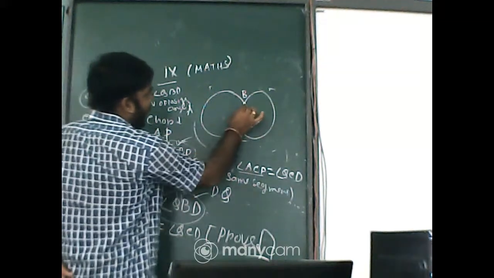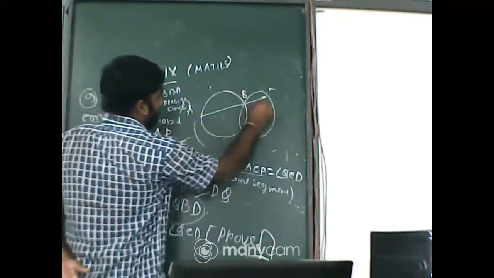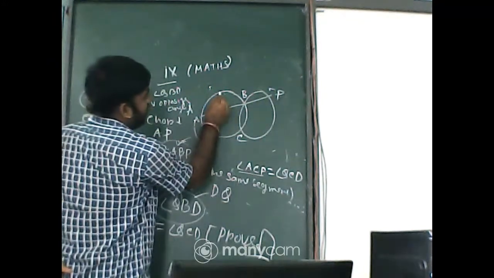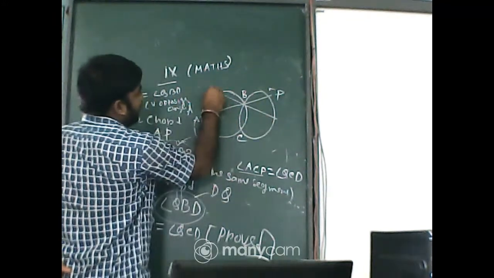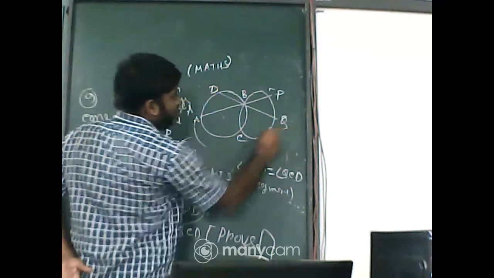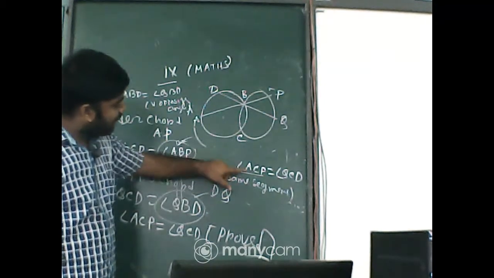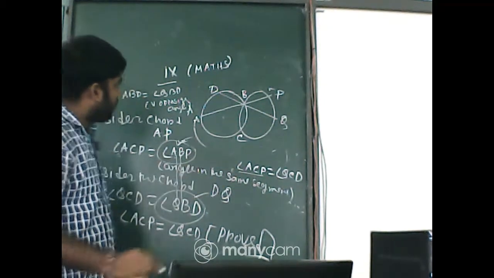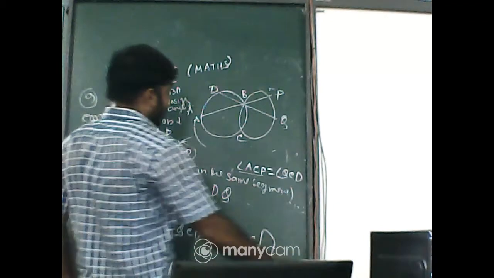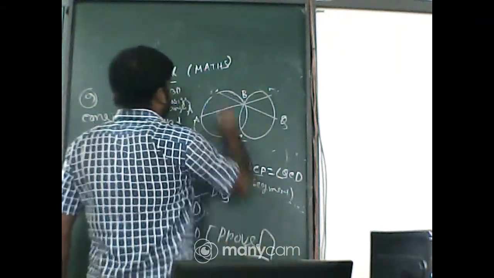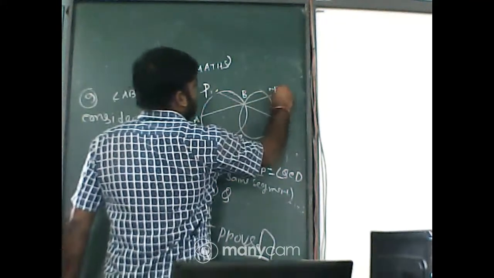Through B, I have drawn two lines, that is ABP and DBQ. Got it? You are asked to prove that ACP, though that point is not P, that point was P and it is D.